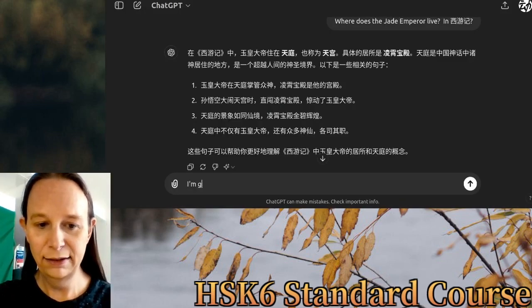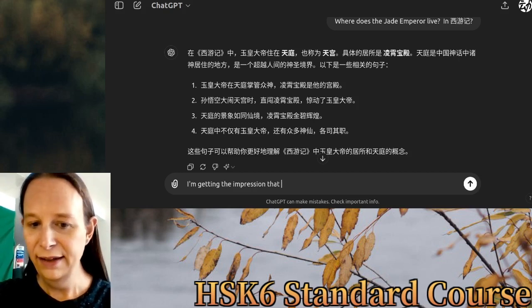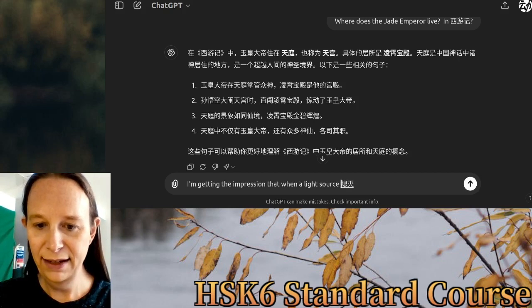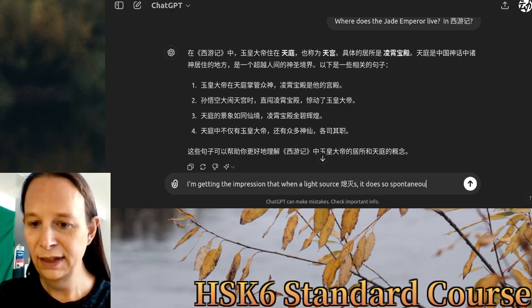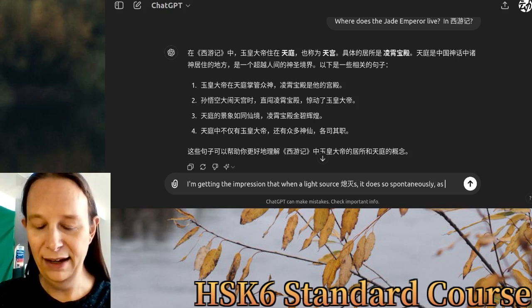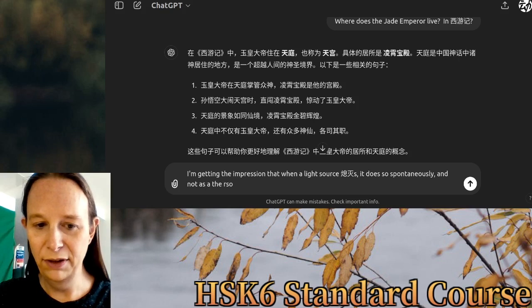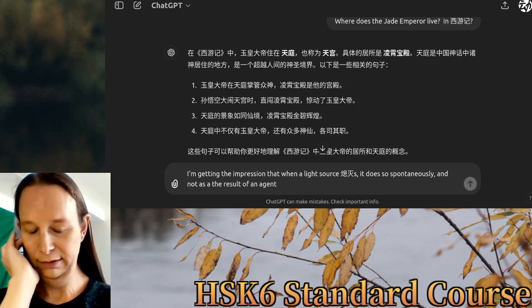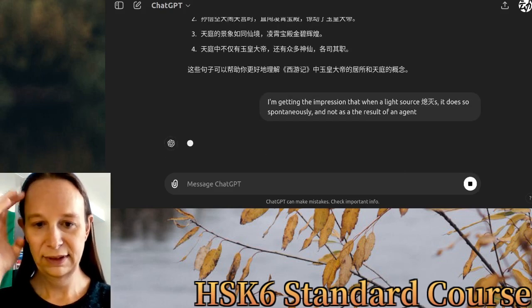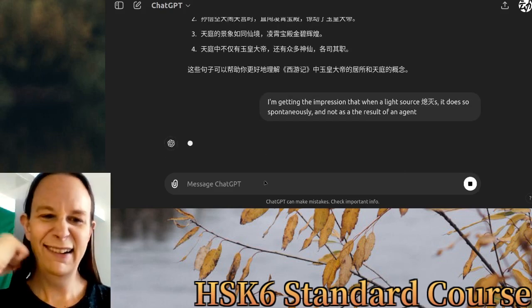I'm getting the impression that when a light source 熄灭, it does so spontaneously and not as the result of an agent. You reckon that's correct?